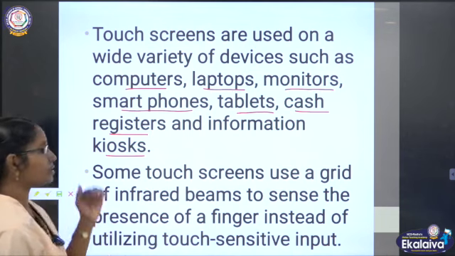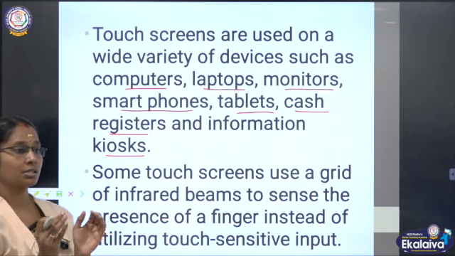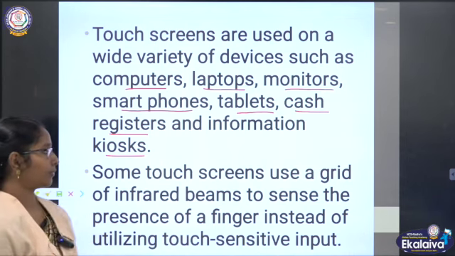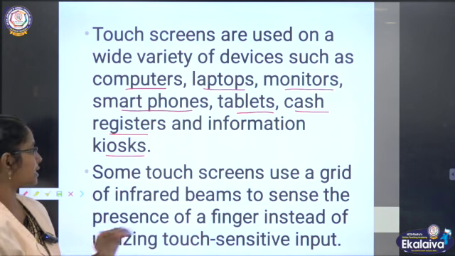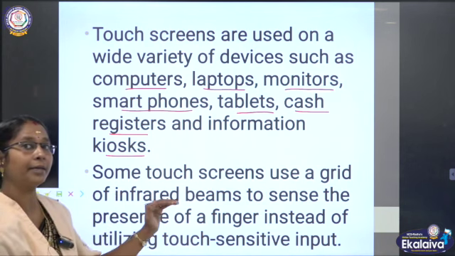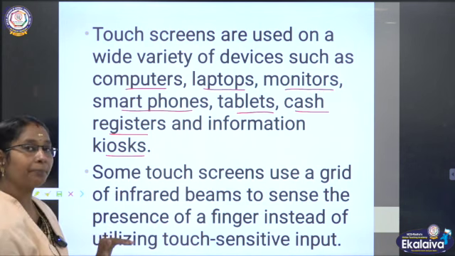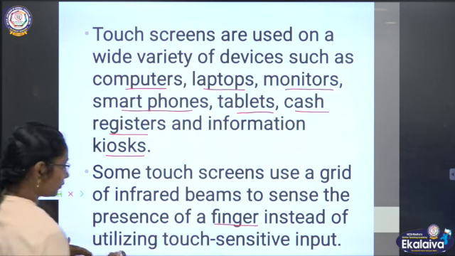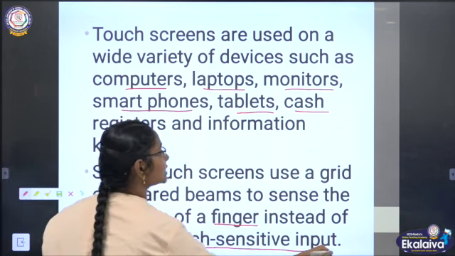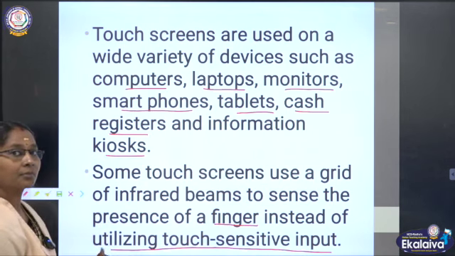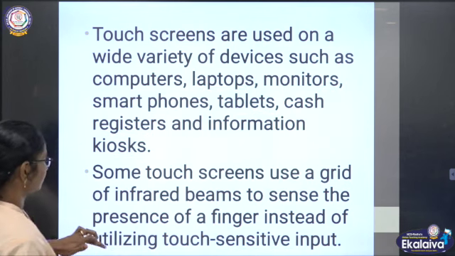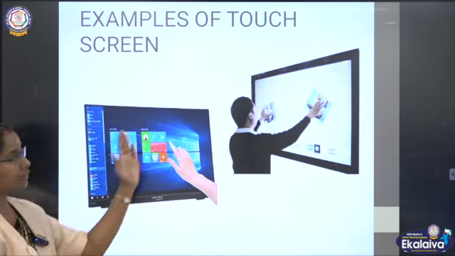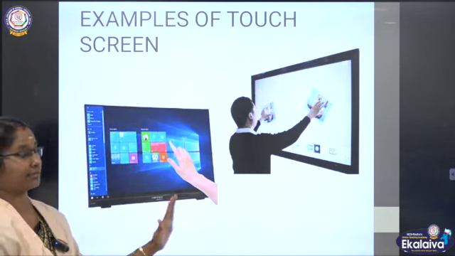What is a kiosk? It is a small place where we can get all the information. Next, some touch screens use a grid of infrared beams to sense the presence of our finger instead of utilizing touch sensitive input.